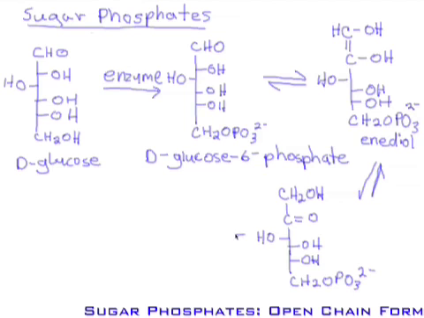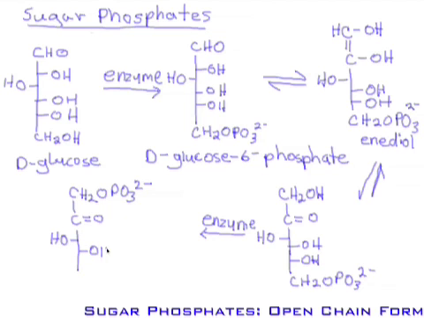Now, if the fructose reacts with a phosphorylating enzyme again, the CH2OH at carbon 1 can react and you can produce D-fructose 1,6-diphosphate.